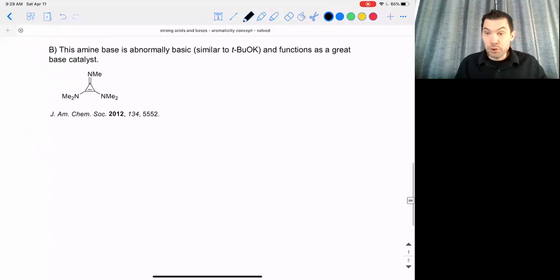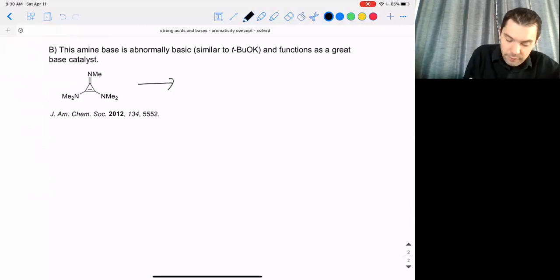All right, so if it's true for acids, it should also be true for bases. And so this amine shown here is also incredibly basic. And so instead of taking off H+, let's just put on H+ instead. And we can use any of these old nitrogens to do it.